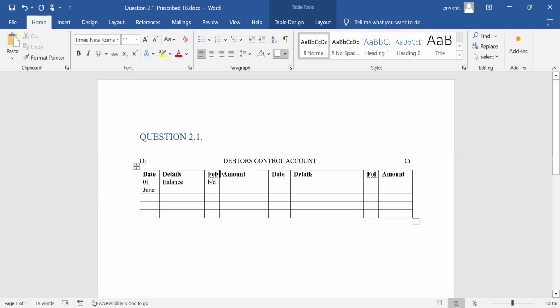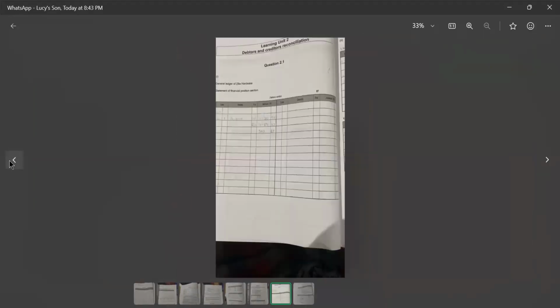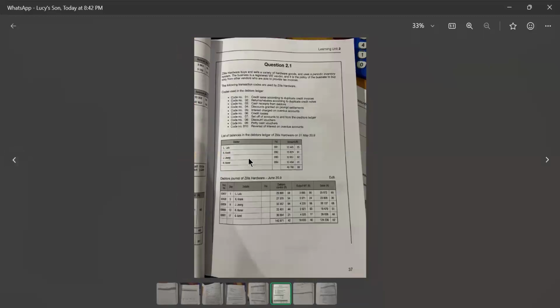So it's coming from the debtors ledger, the opening balance. It's the one on page 37, 2.1. It's called list of balances in the debtors ledger.